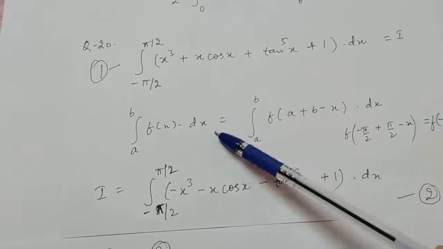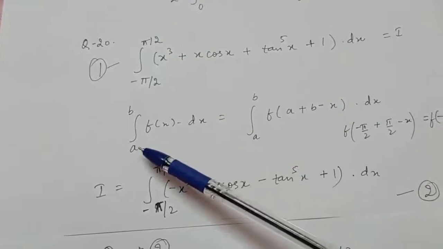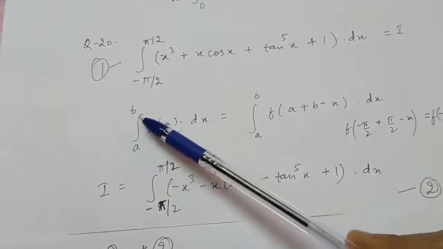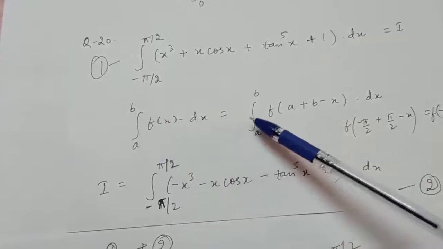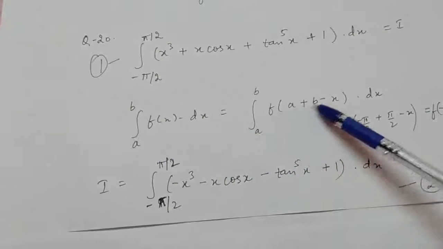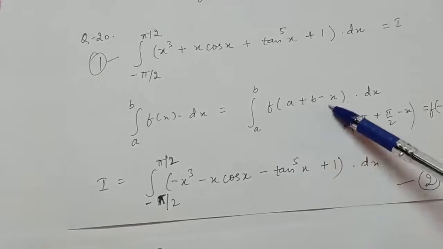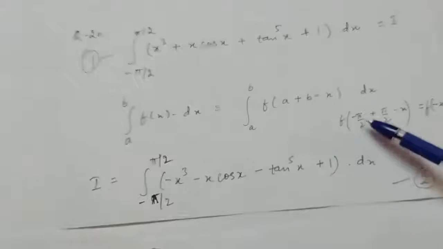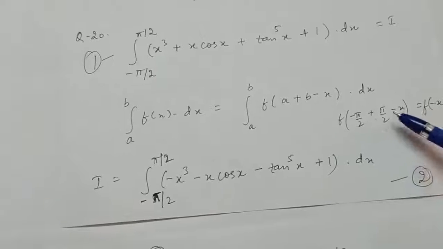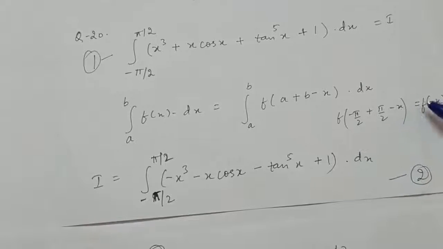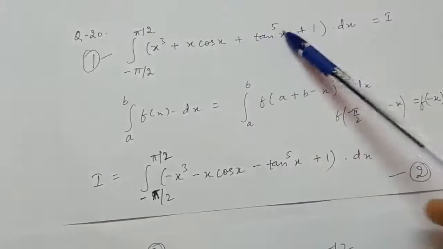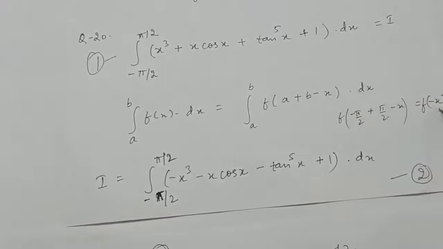Therefore we will apply this property, which is integral of f x from a to b is equal to integral of f of a plus b minus x, that is f of sum of the limits minus x. Now here see, the sum of the limits will be 0 minus x. So in place of this f x, we will find f of minus x.